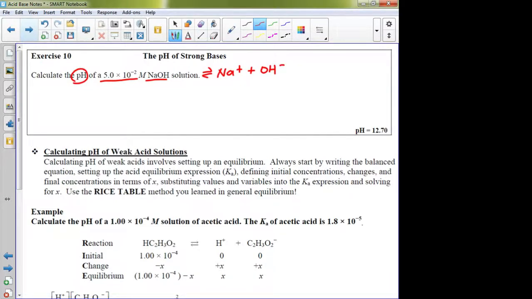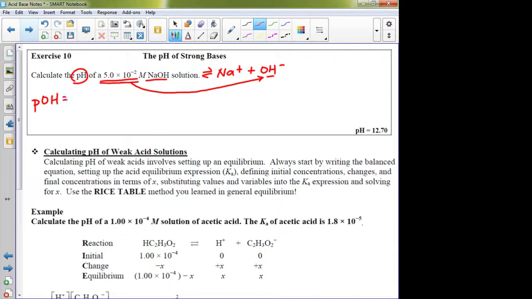So if this 5.0 times 10 to the negative 2 is my concentration of NaOH, it's also my concentration of what? Hydroxide. Correct? Okay. Now, if I know the concentration of hydroxide, I can easily find the pOH.